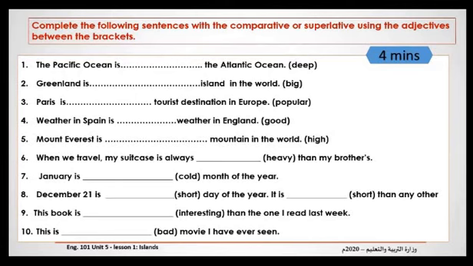Okay, dear students, let's not forget to tell you about excellent students.